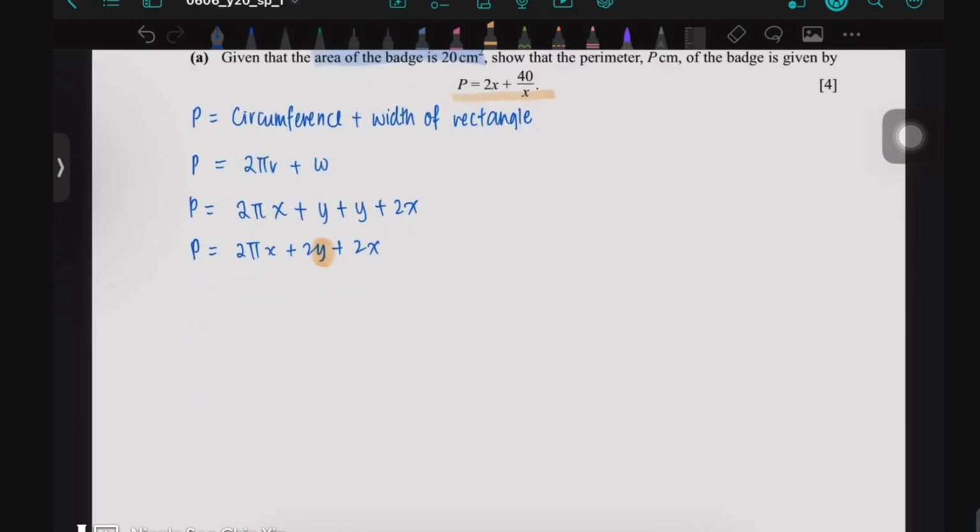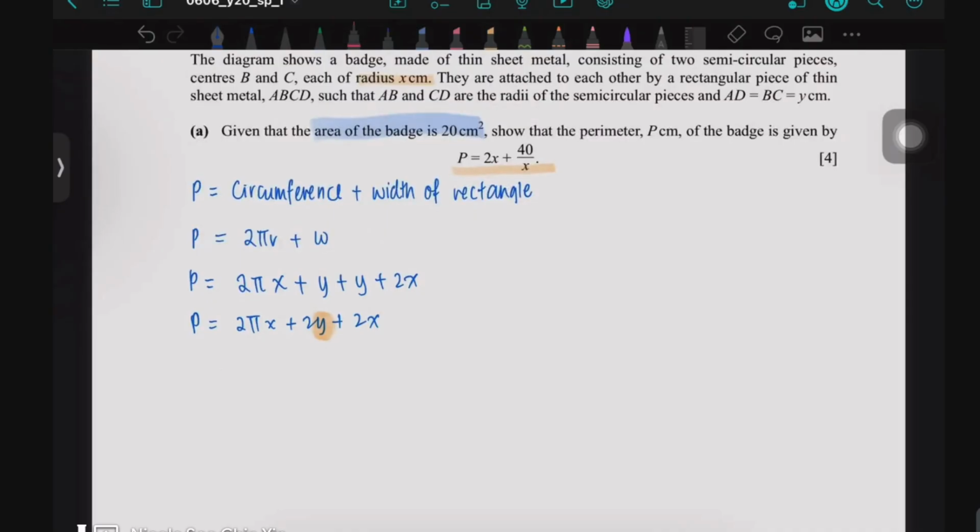Let's have a look. In the question, they already give us the hint. The area of the badge is 20.